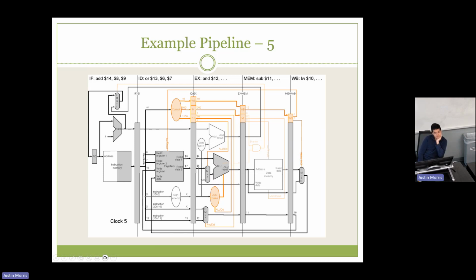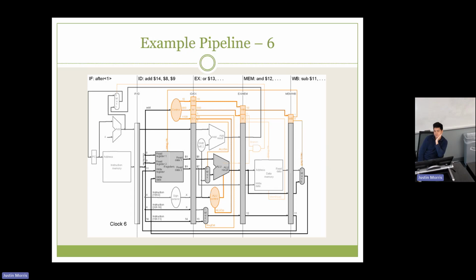And now every single clock cycle after this, we're finishing an instruction. Cycle 6, we're going to finish this up. And there's no more instruction to fetch, so fetch is just empty. Okay.